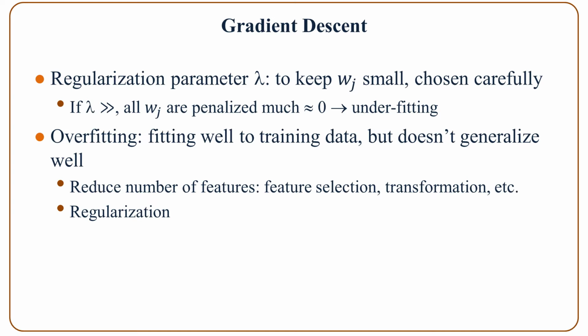The regularization parameter lambda is to keep the weights small and should be chosen carefully. If it's too large, then all the weights are penalized so much as to be very close to zero, and this may lead to underfitting. Overfitting may be fixed by reducing the number of features, but also by regularization.